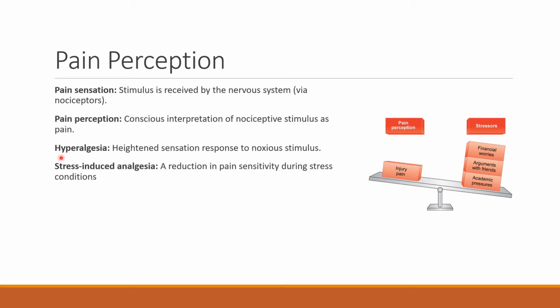And so a couple of terms to include with that is hyperalgesia, which is a heightened sensation or response to noxious stimuli, and we'll look at this a little bit more. But then we also have the stress-induced analgesia, right? And this is the idea that people can sometimes play through the pain right after injury, but they aren't able to once they're out of that situation, right?